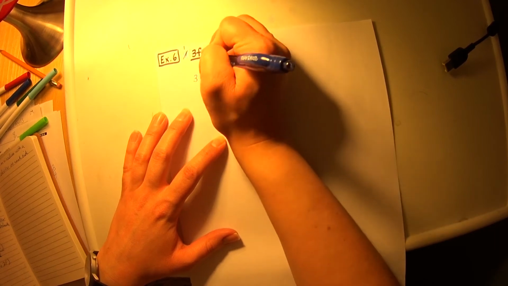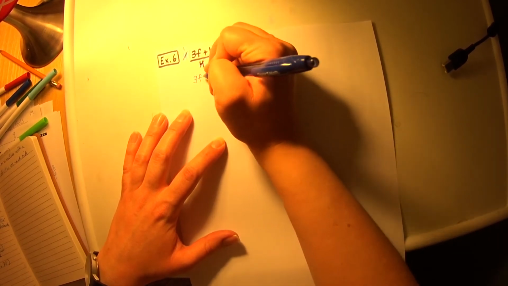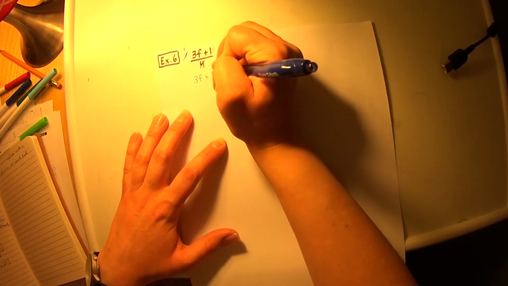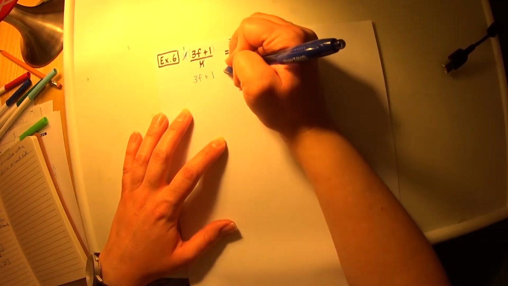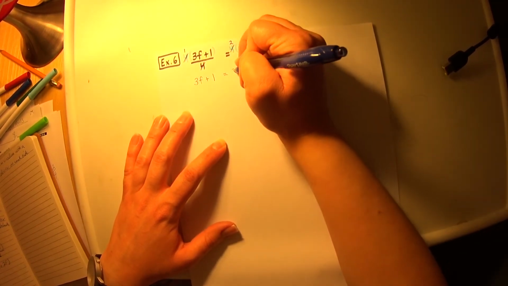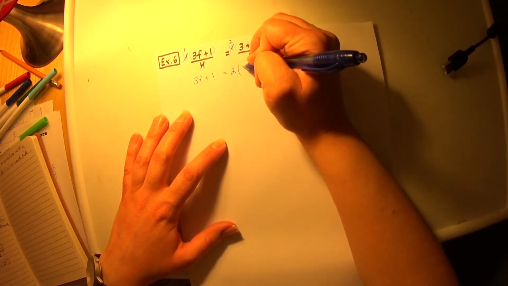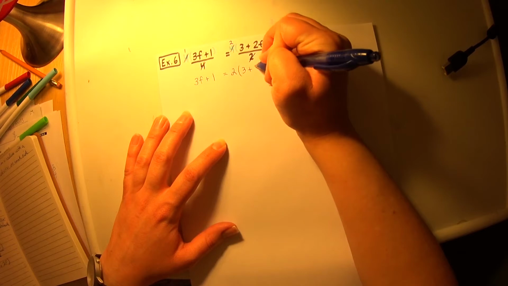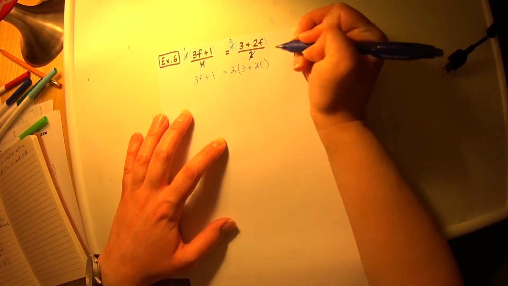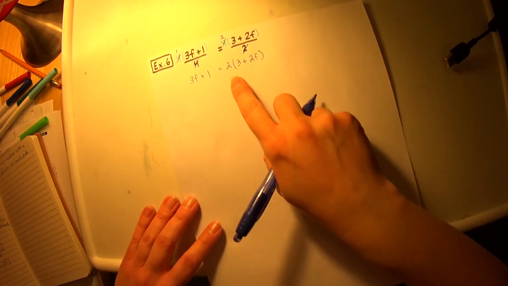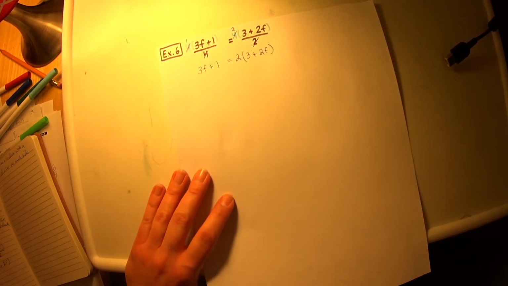So now here's what I end up with. The 4 and 4 divided out to an invisible 1, so all I have left here is 3f plus 1. Over here, 4 divided by 2 left me with a numerical coefficient of 2, so I have to keep those brackets. I can't get rid of the brackets until that's actually gotten rid of.